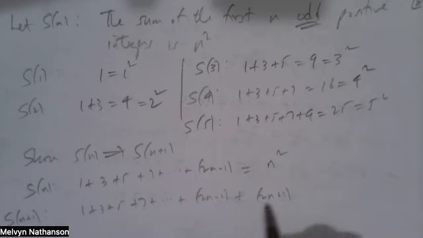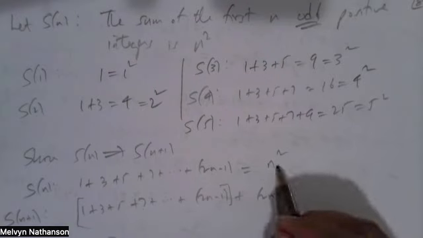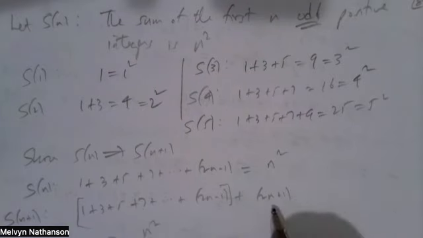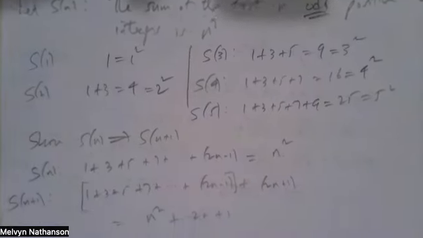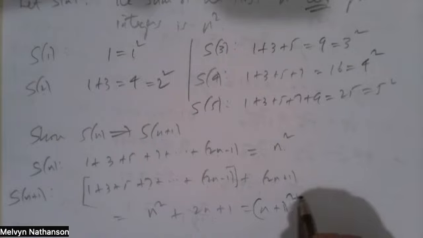So this is the sum of the first n plus 1 odd positive integers. This part is equal to n squared. So we have n squared plus 2n plus 1. And this you should recognize. N squared plus 2n plus 1 is n plus 1 squared.